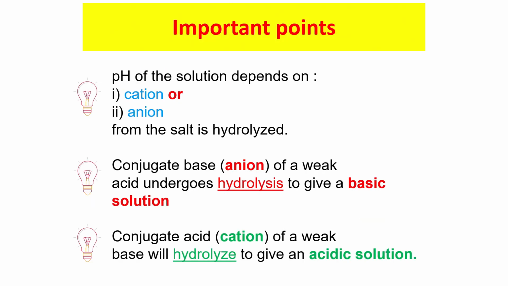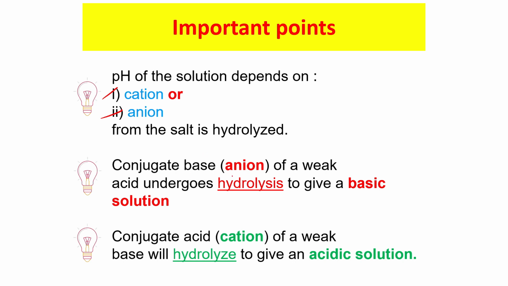Okay, so remember to determine pH ataupun type of salt, kita perlu tahu siapa yang akan undergo hydrolysis, sama ada cation or anion. So untuk tahu siapa yang undergo hydrolysis, perlulah kita tulis equation salt dissociation dan kita perlu determine yang strong conjugate tu yang akan react dengan water.